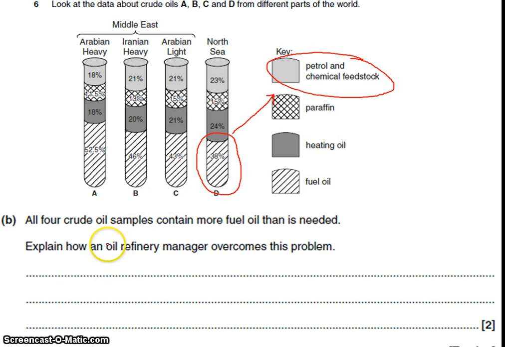The second mark is to identify how they would do this, which is a process called cracking. You need to remember that cracking is the process whereby we convert large, unuseful alkanes, for example long chain molecules made from carbon and hydrogen, into smaller, more useful ones. Really long chains like that aren't very useful, so we break them down into a smaller chain that's slightly more useful.